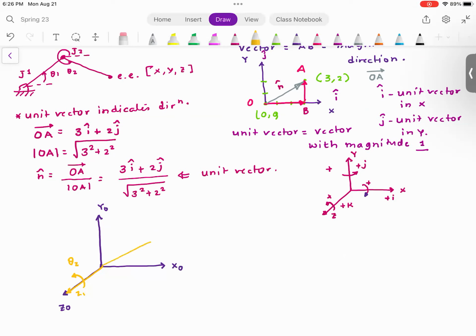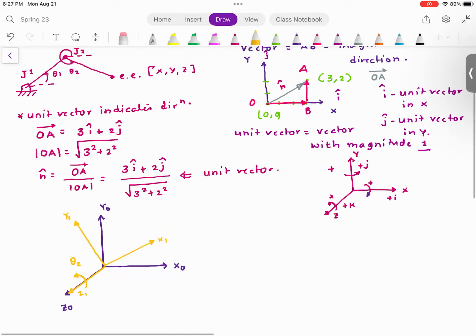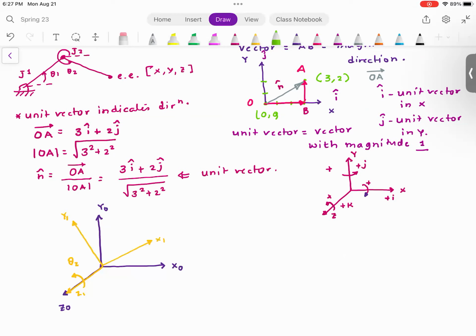But this coordinate frame, which is x1 and y1, will be rotated. Everyone okay with this? This angle is going to be theta z. This angle is going to be theta z.